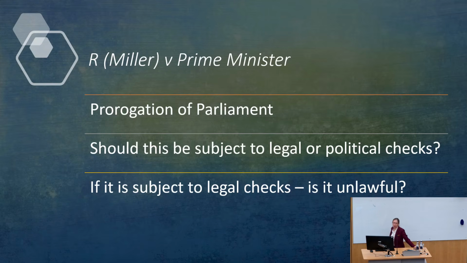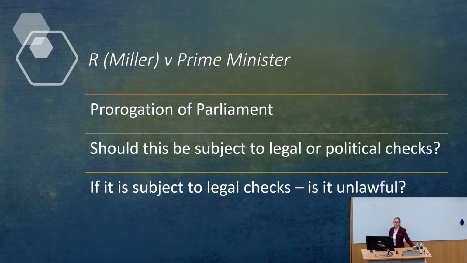Well, here we had something called the Prorogation of Parliament, which already sounds a bit odd. So you need to understand how the UK Parliament works. At the time of Miller, we had a UK Parliament that had 5-year fixed terms. So every 5 years, you had to elect a new set of members of Parliament, and whichever political party got the most seats would then form a government, and they would be in power for 5 years unless you use special measures to have an early parliamentary general election.